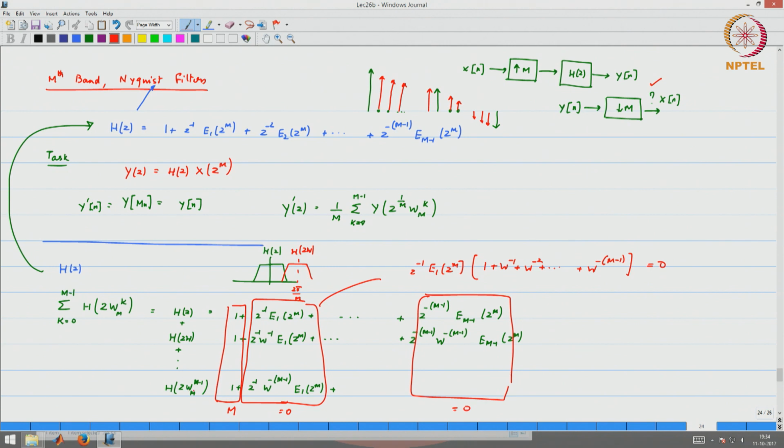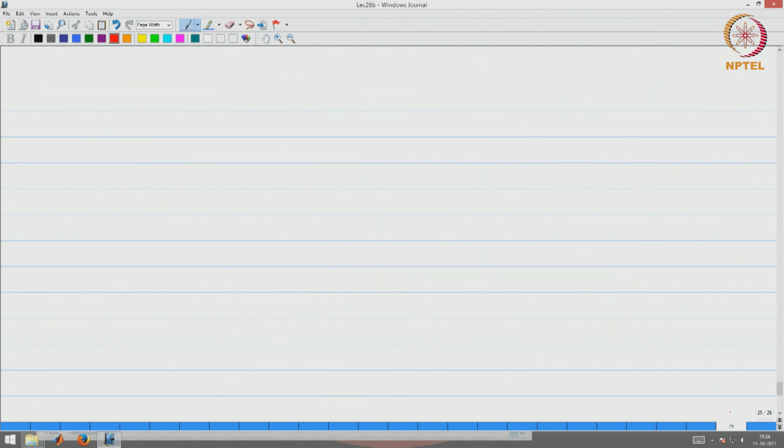So basically what we said was this expression for a Nyquist filter will add up to m, or in other words a Nyquist filter also satisfies the following condition, that 1 over m summation k equal to 0 to m minus 1 h of z w k must be equal to 1.